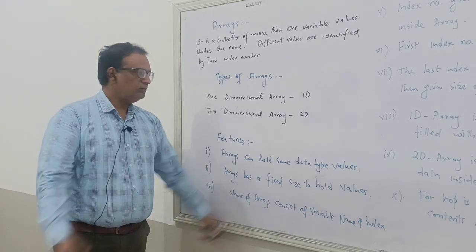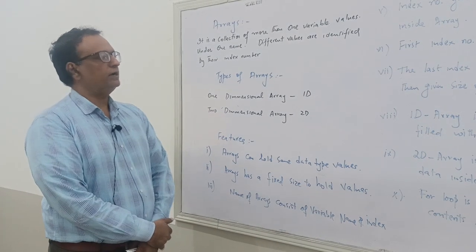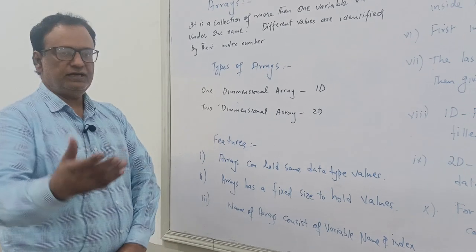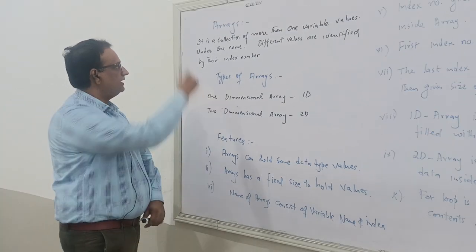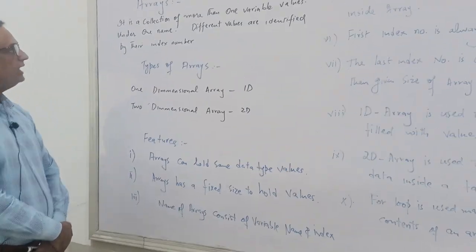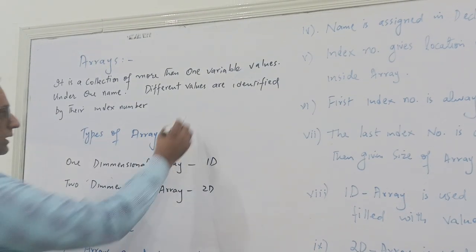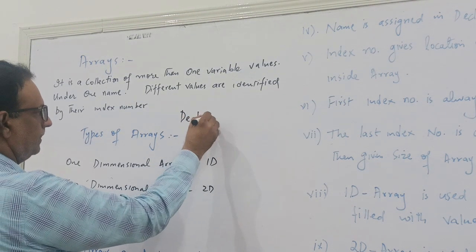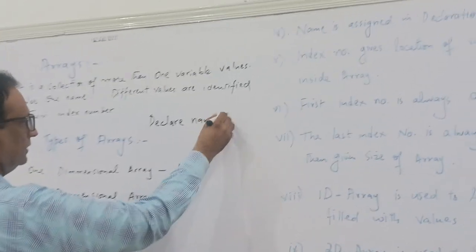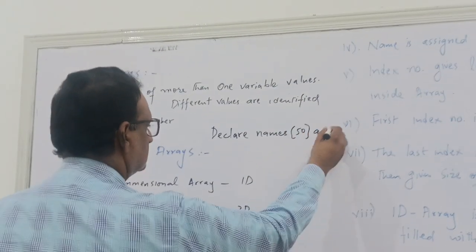Okay, let's come to the theoretical explanation now, and it will become very easy after having explained those examples. What is an array? It is a collection of more than one variable value. Declare names 50 as string.